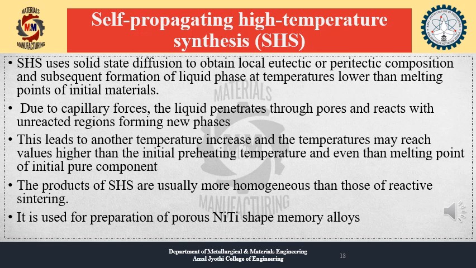This leads to another temperature increase, and the temperature may reach values higher than the initial preheating temperature and even higher than the melting point of the initial pure component. The products of SHS are usually more homogeneous than those of reactive sintering. It is used for preparation of porous nickel titanium shape memory alloy.